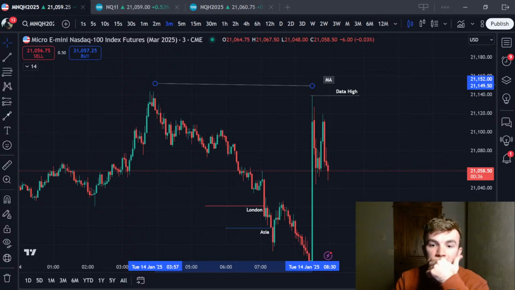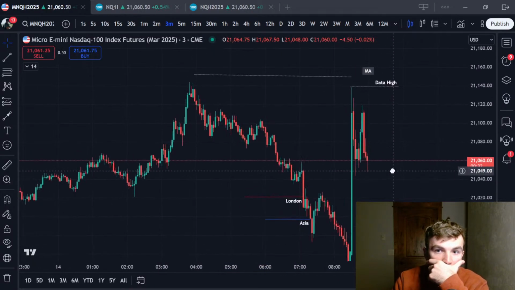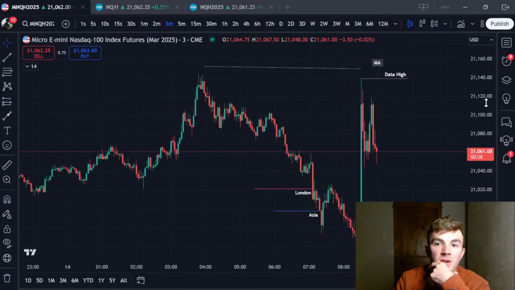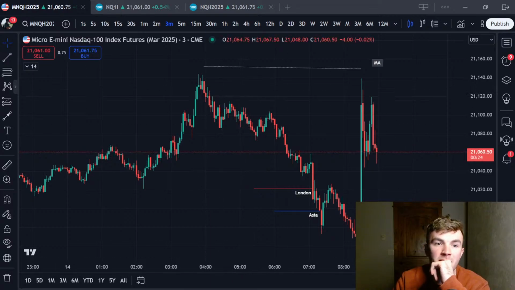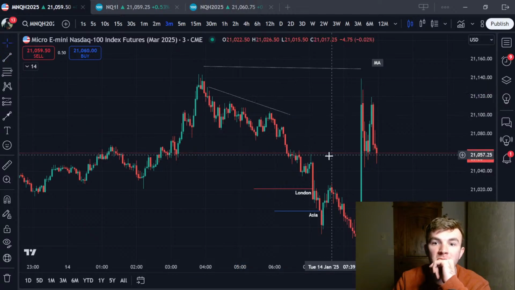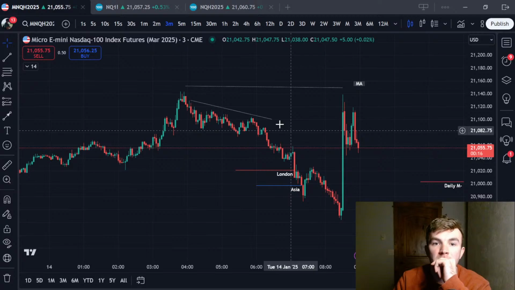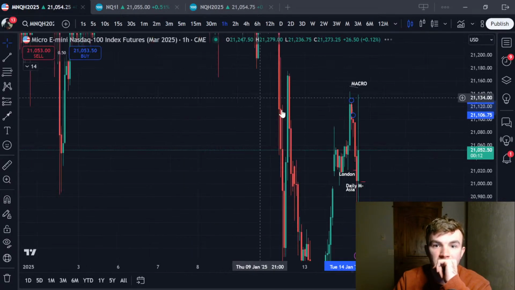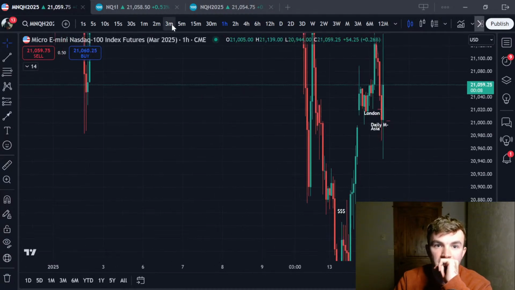Yeah, you know what? No, no, no. You're right. We already took out all the buy side. Look, there's no more buy side to run. What other buy side liquidity is there? Now we need to go run sell side, probably.